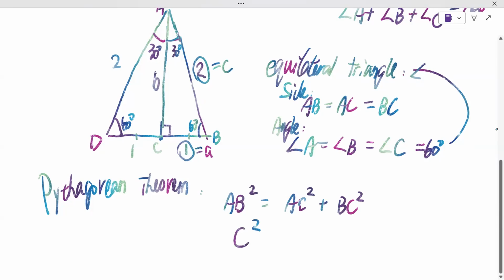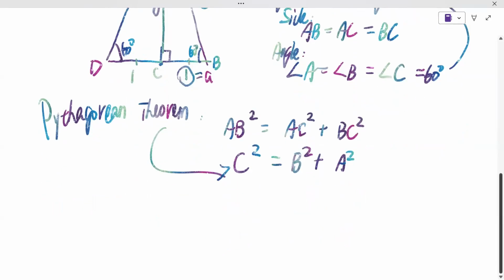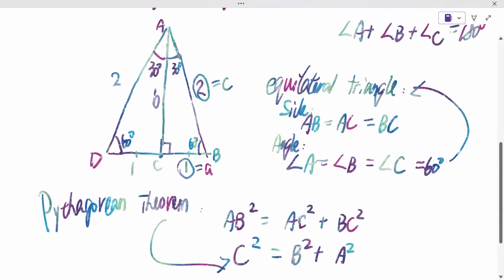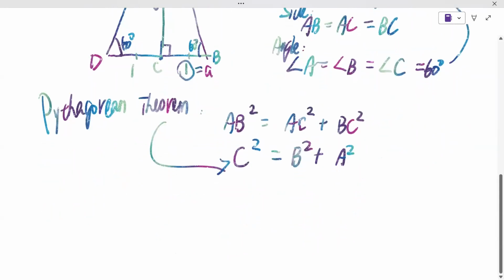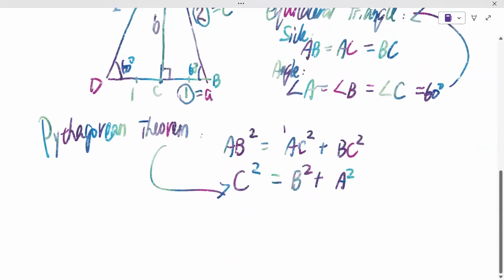That's a lowercase letter for AB, for AC, and then for BC. And b squared equals c squared plus a squared. So this is the Pythagorean theorem, basically. Based on it, we can solve for the side AC, right? So basically, we're solving for this.